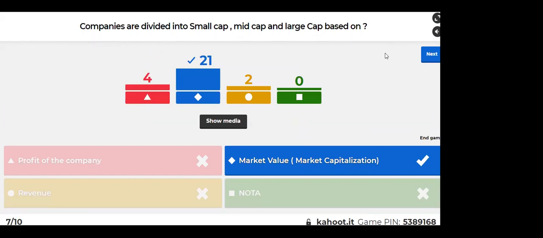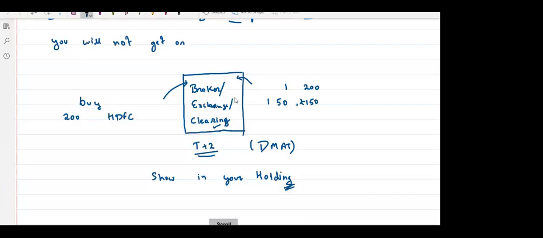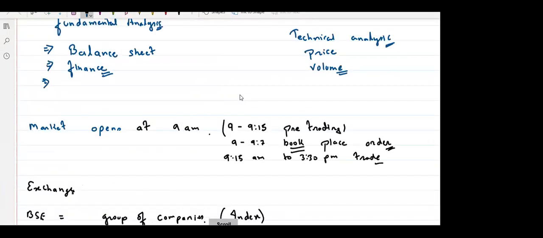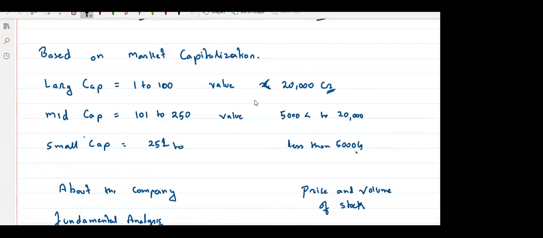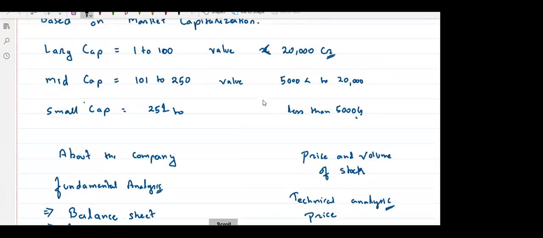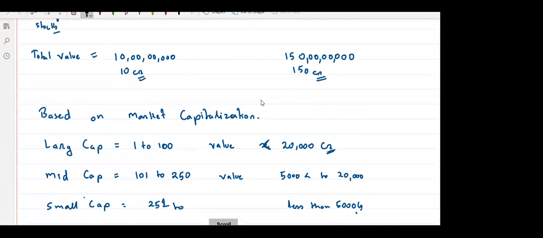See, by Kahoot I get to know how many of you are not paying attention. Very good, Bindu. Yukti, it is market value, it is not revenue. Did everyone understand? I just told you, right? It depends on market capitalization, market value.